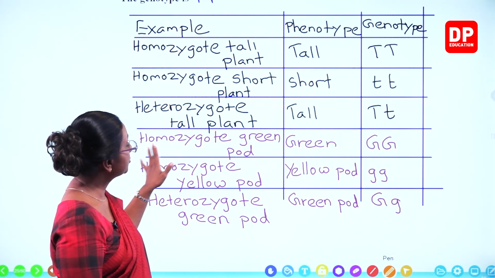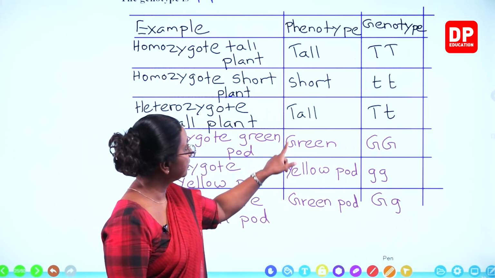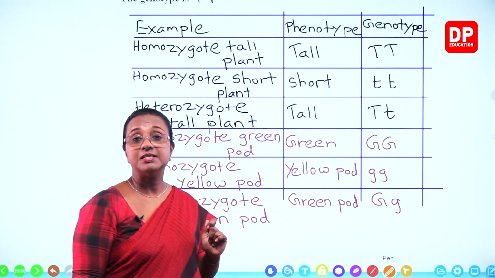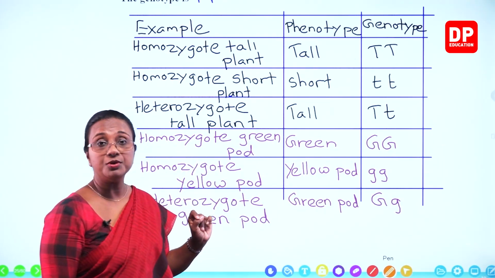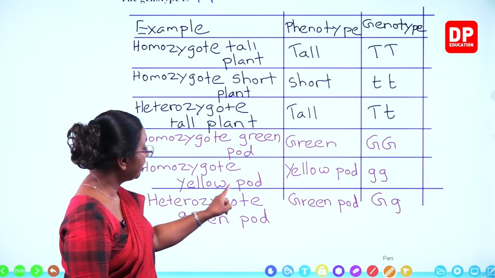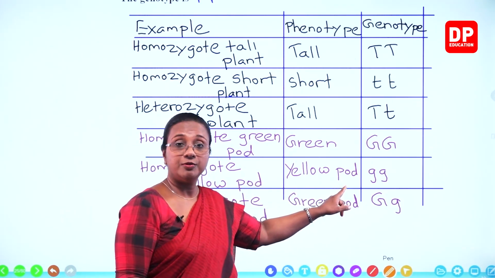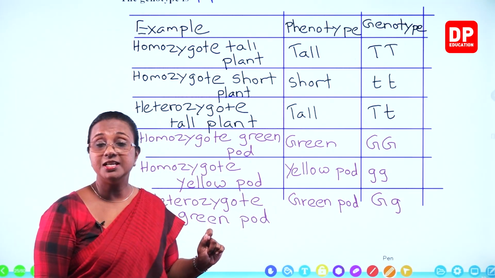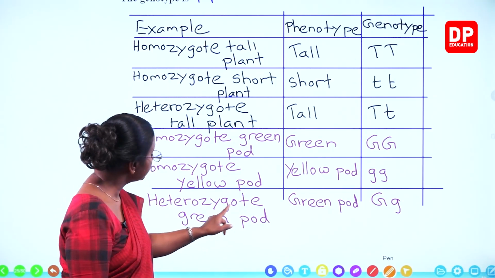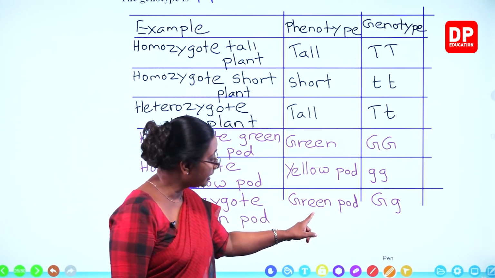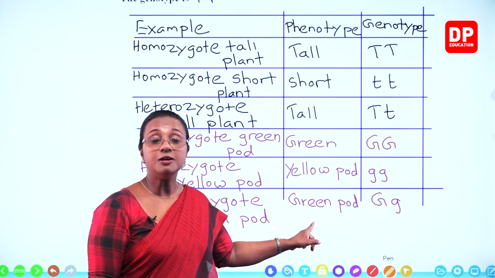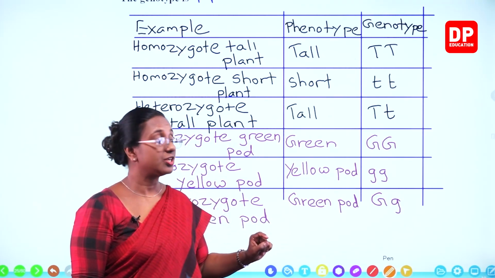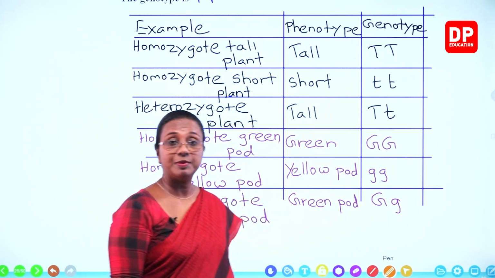Then if you take the homozygote green pod, green is the dominant character, so the phenotype is dominant, green, and the genotype capital G, capital G, because it is homozygote. Then homozygote yellow pod is the phenotype, the feature that is observed, and simple G, simple G is the gene combination. And heterozygote green pod, again green is the dominant character, so that is the phenotype that is expressed, but the genotype, the gene combination, is going to be capital G, simple G.